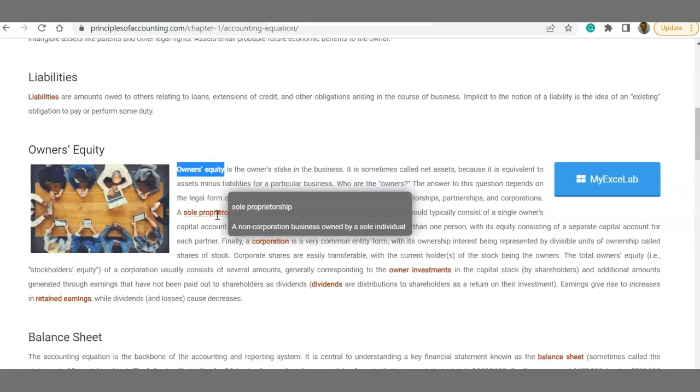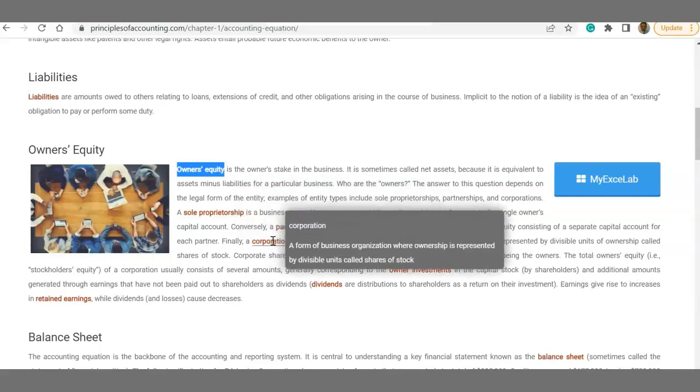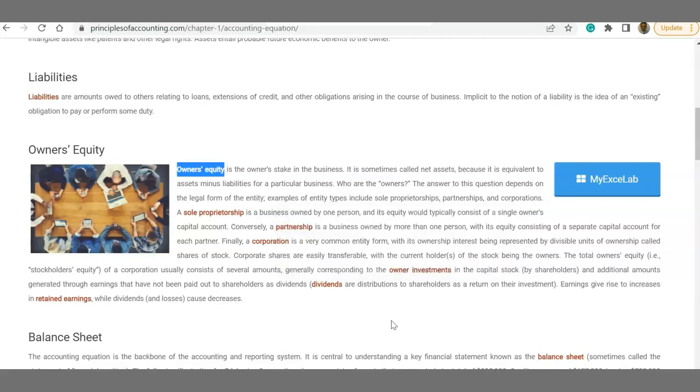So we have a business like a sole proprietorship, which is one owner, with unlimited liability. They can sue you. If something happens, they can come after your house, your boat, your personal assets. But if you have a corporation, the corporation covers you from possible lawsuits. They can come after the corporation, but they cannot come after your personal assets.